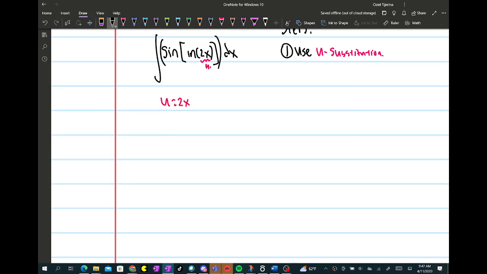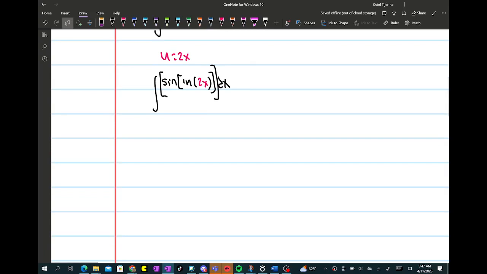So really, we're going to have the integral of sine of the natural log of 2x dx, and it's this whole thing with respect to x. Let's see, hold on one second. We're going to make this 2x equal to u.